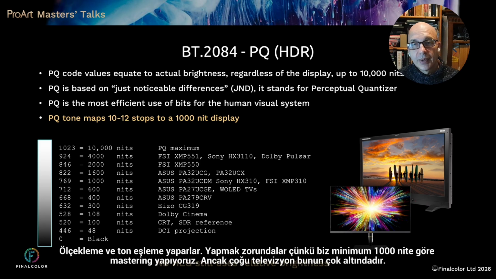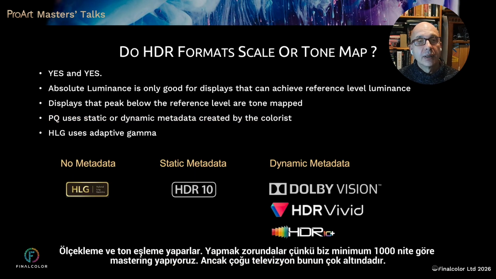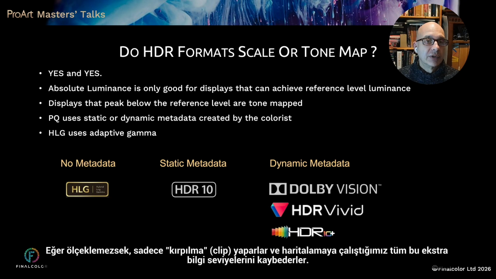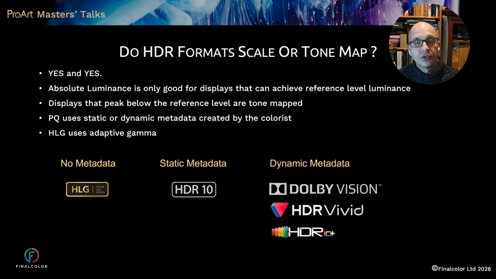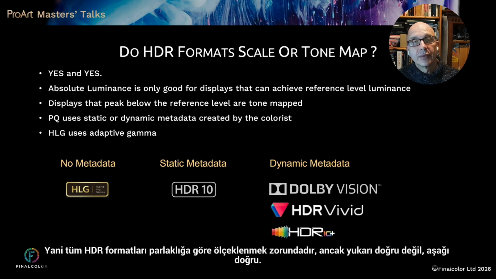So do HDR formats ever scale or tone map? Absolutely. They do scale and they do tone map, and they have to because we master to a minimum of 1000 nits. But most televisions are significantly less than that. So if we don't scale it, they will just clip and lose out all these extra levels of information that we're trying to map in.